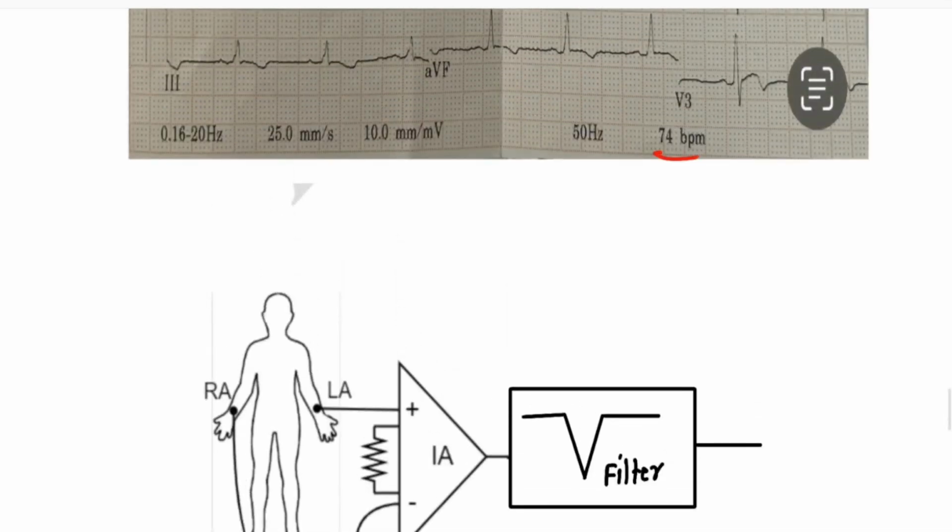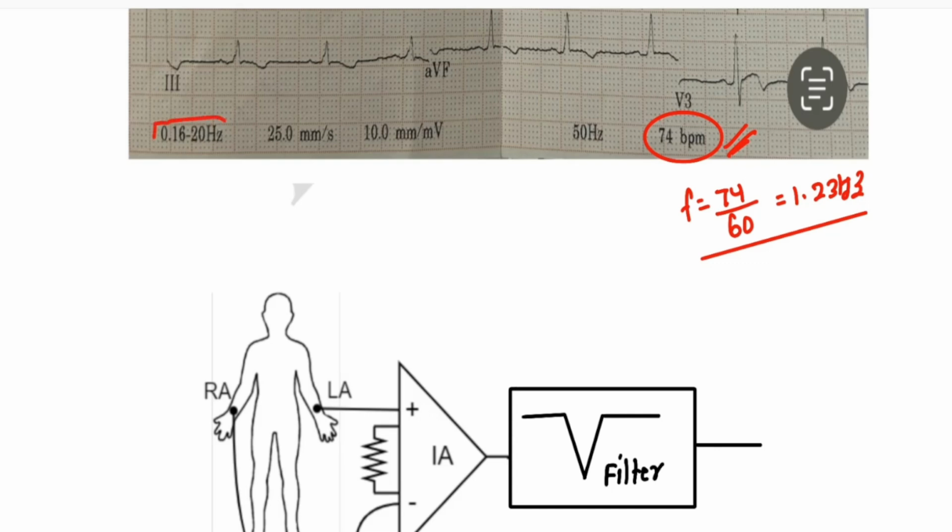You can see that they have written 74 bpm, so the frequency will be 74 by 60, which is like 1.23 hertz. This varies from person to person and from time to time. So they use a filter to filter out some high frequency and low frequency noises.